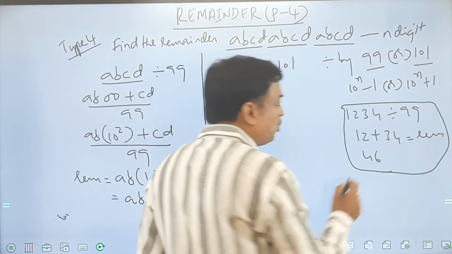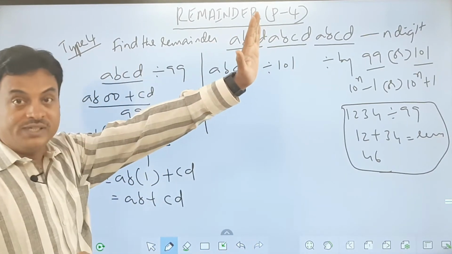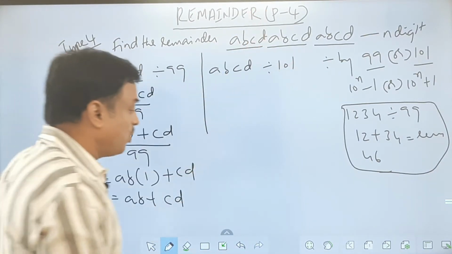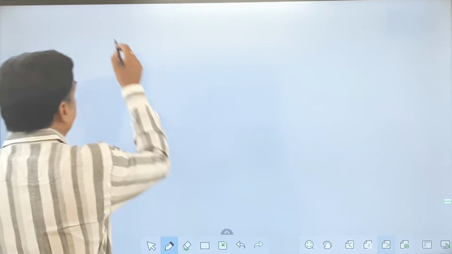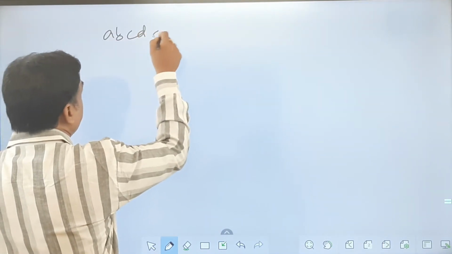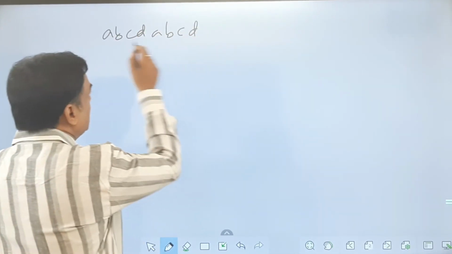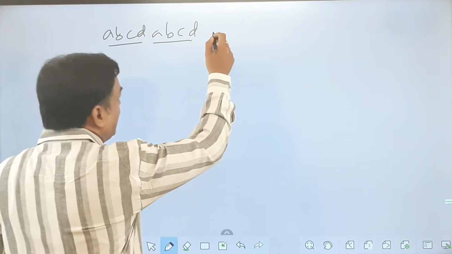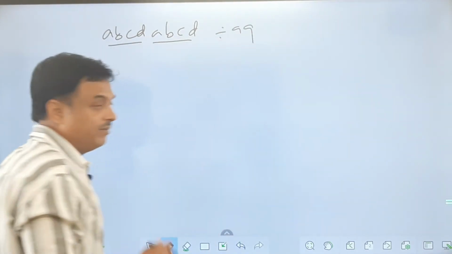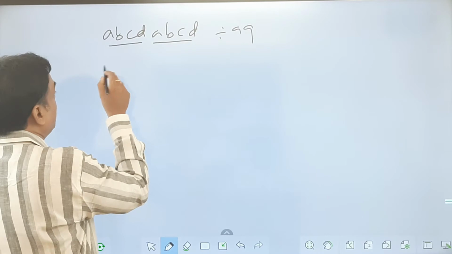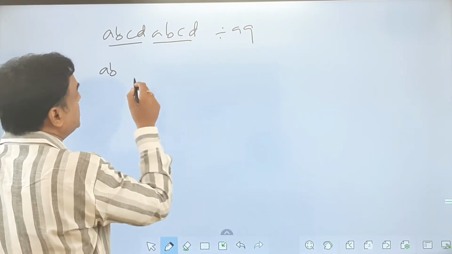Now sir, it is not only 4 digits, we have a sequence of 4 digits repeating in this case. So let me take ABCD two times, and divide this by 99. Please understand, this can be written as AB followed by how many digits? 6.